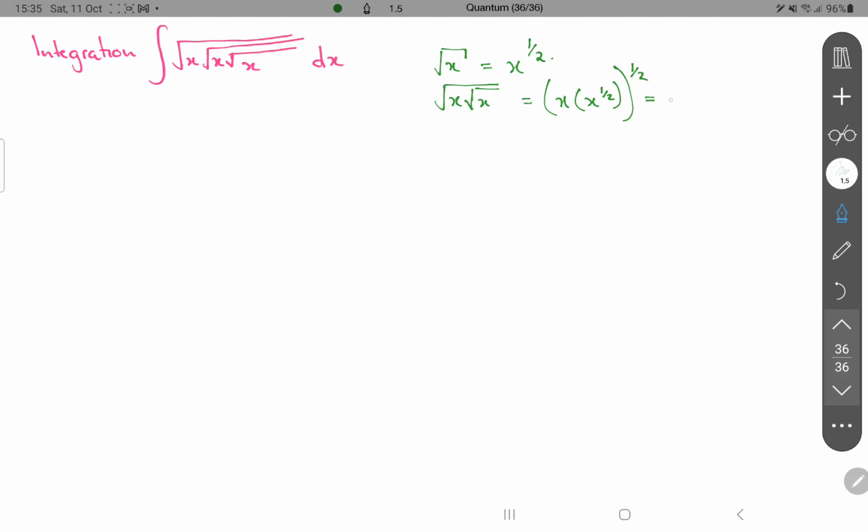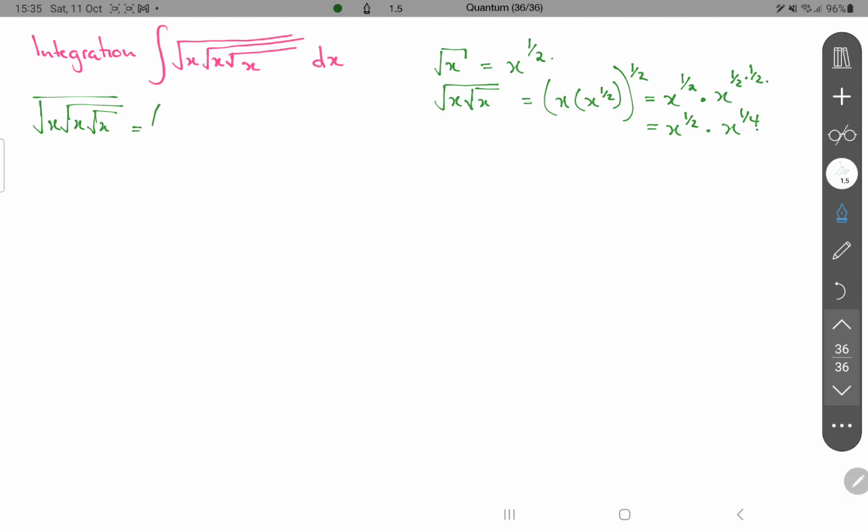That can be written as x to the power a half dot x to the power a half dot half, like this. That will give us x to the power a half dot x to the power 1 over 4. Now, if I say the square root of x, square root of x, square root of x, like this, now I've got 3 square roots.